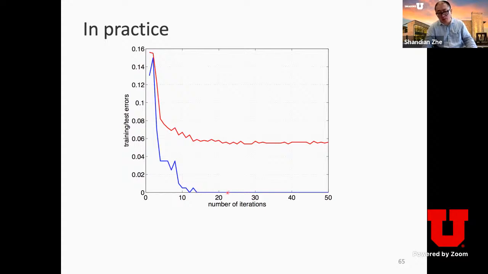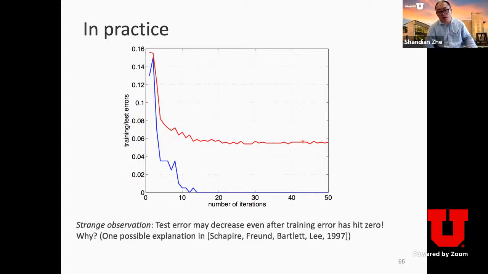You can see that even when your training error goes down to zero, the test error doesn't change much. Sometimes it's even decreasing. That's a very interesting phenomenon of AdaBoost. So test error may decrease even after the training error has hit zero.